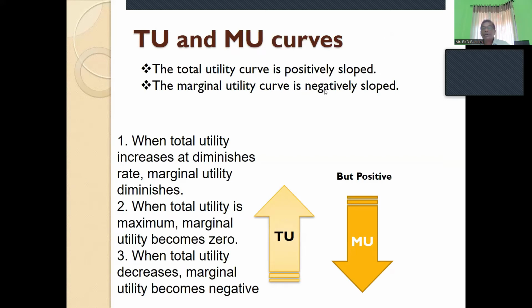The marginal utility curve is negative slope. When total utility increases at a diminishing rate, marginal utility diminishes. When total utility is maximum, marginal utility becomes 0. When total utility decreases, marginal utility becomes negative. TU positive, MU negative slope, right?